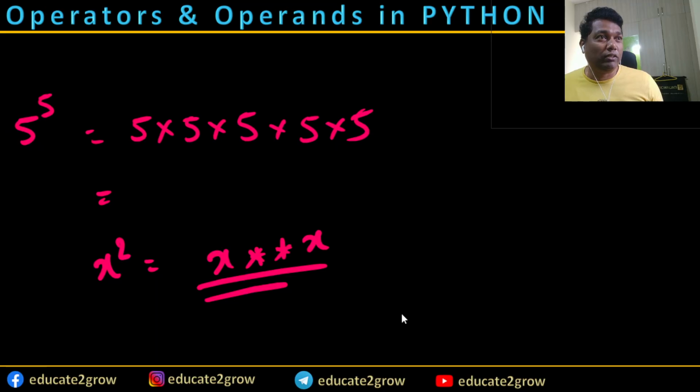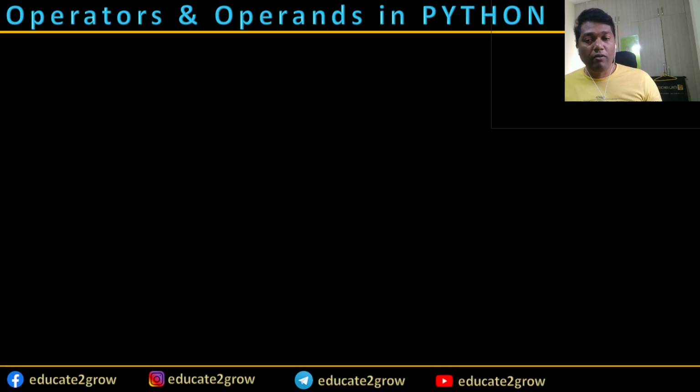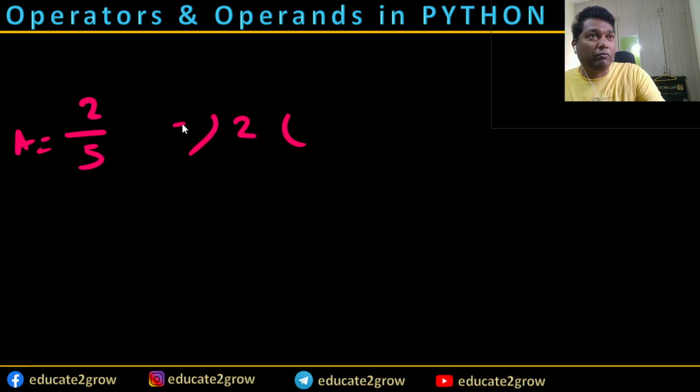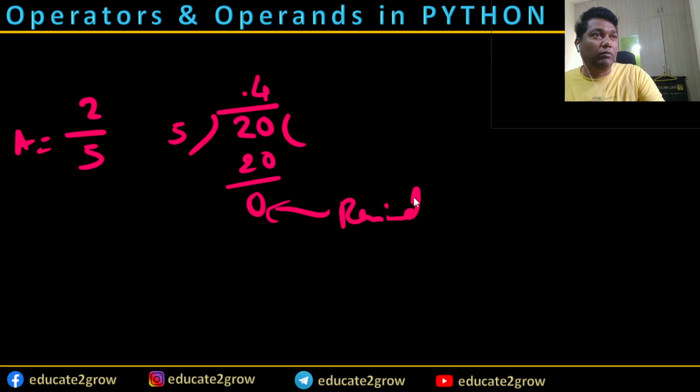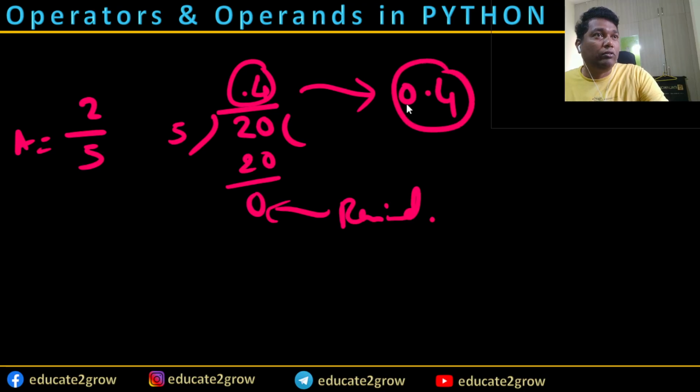I'll show you how exactly this works. 2 by 5: 2 is inside and 5 is outside. 5 into 0 is 0, so we use 0 and put a point, then 5 into 4 is 20, so the remainder is 0, and the answer is 0.4.